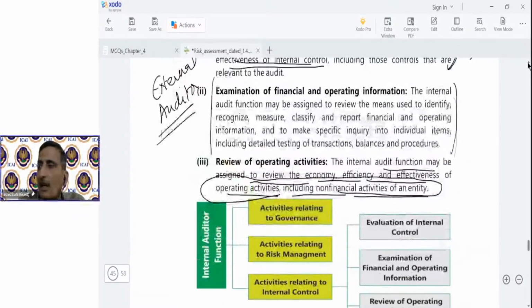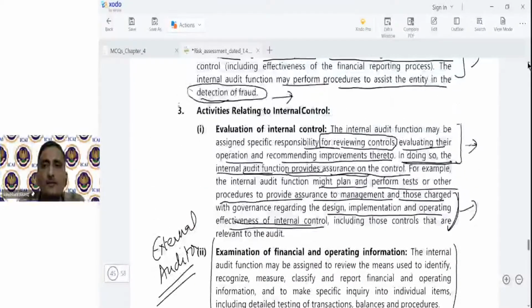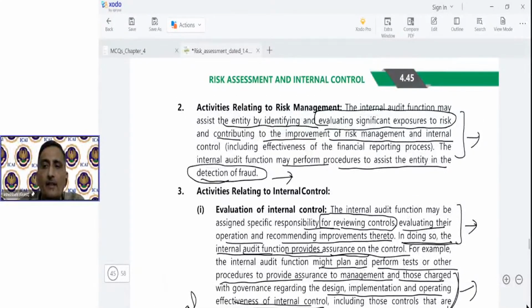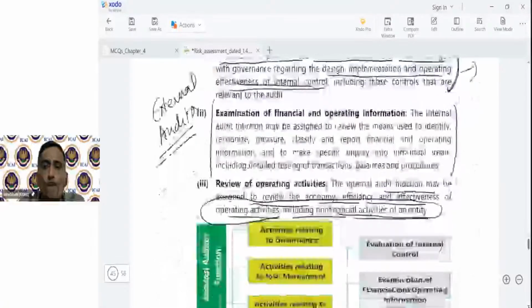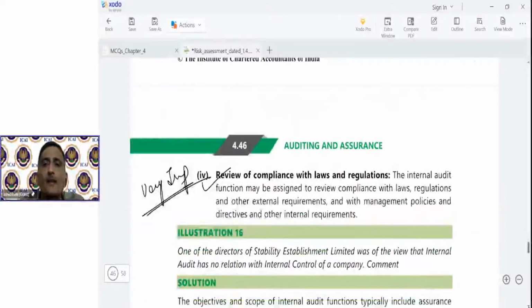You are writing page 4.46. The internal audit function may be assigned to review compliance with laws, regulations, and other external requirements, and with management policies, directives, and other internal requirements.